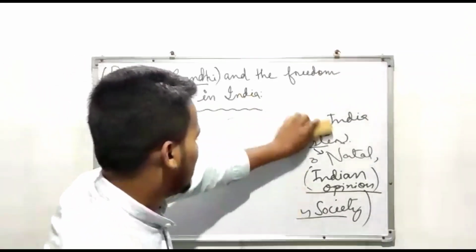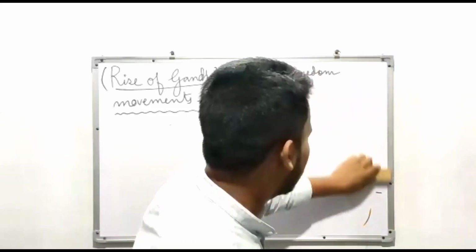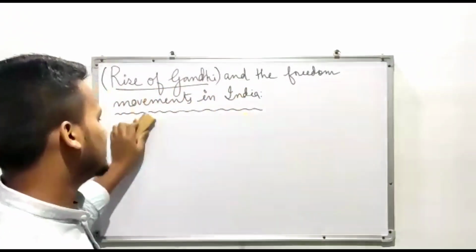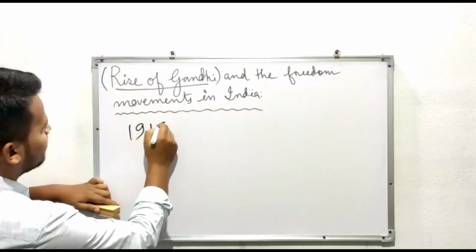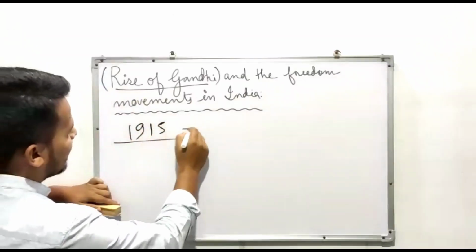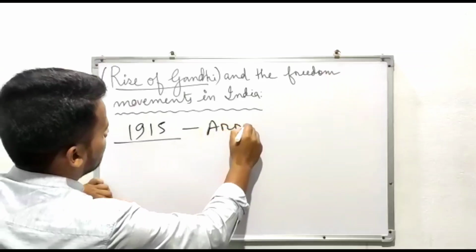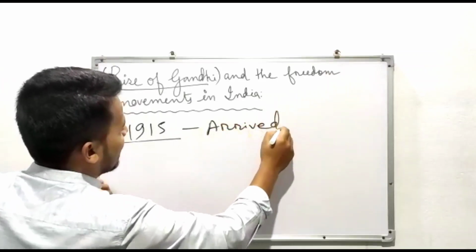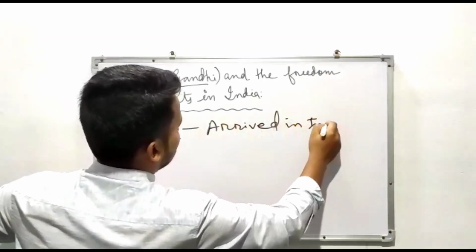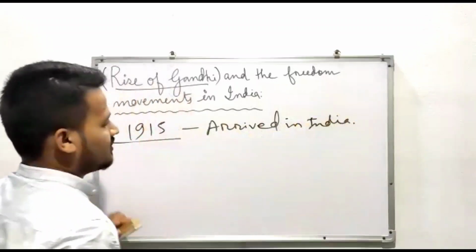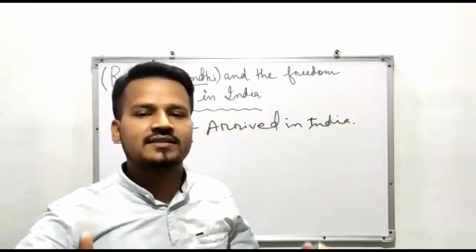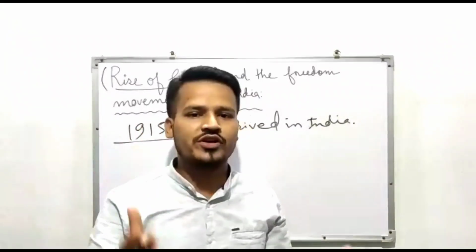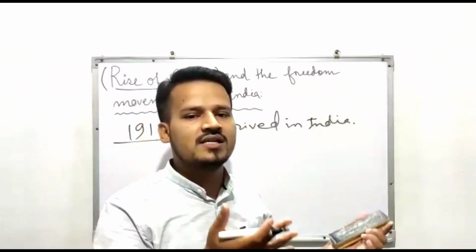After that, gradually being successful and maturing as a political leader, he arrived in India in 1915. He was successful in countering the racial discrimination and exploitation of the Indian people in South Africa.